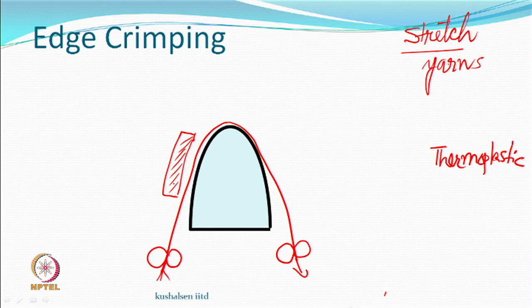So, you have a yarn which has been heated to a certain degree, which is sufficient for it to respond, goes over the edge and comes out. And you say, here we are starting with a yarn which is untextured, and here we are coming out with a yarn which is called textured. Not only textured, but I say it is a stretch yarn.